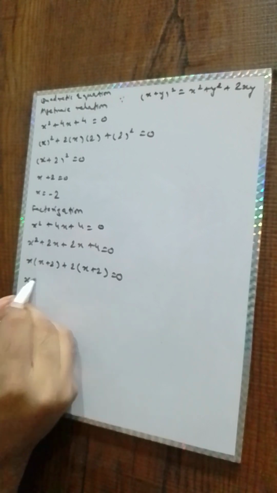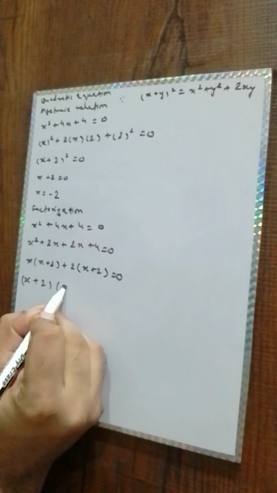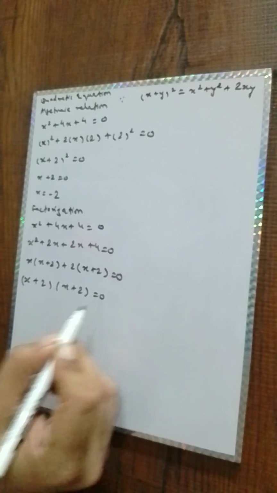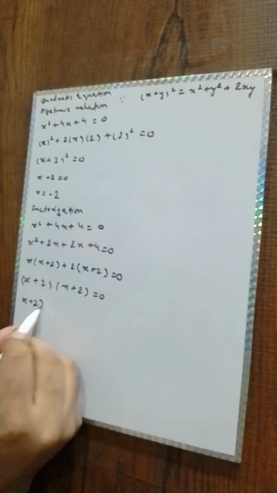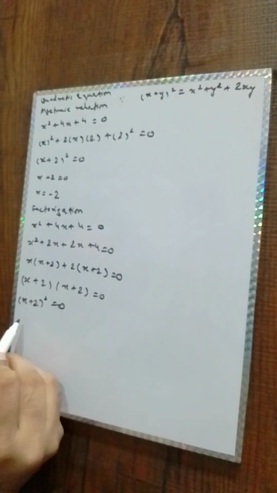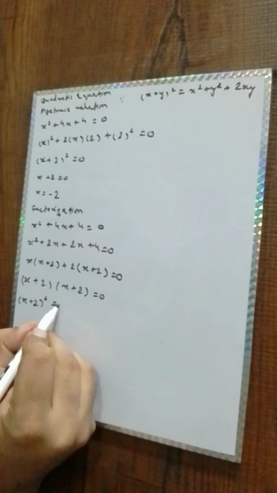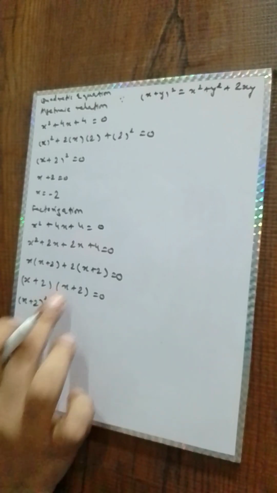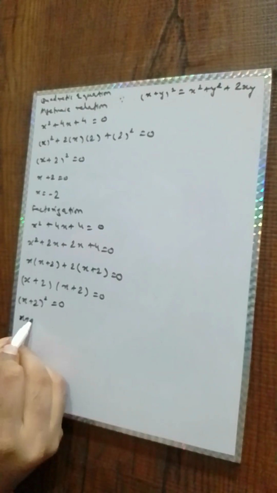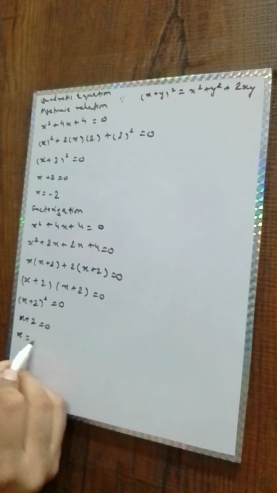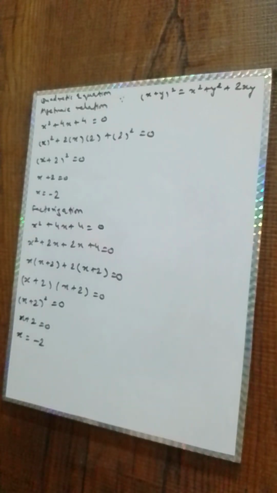So x plus 2 times x plus 2 is equal to 0, and x plus 2 whole square is equal to 0, which means x plus 2 is equal to 0. This clearly means x is equal to minus 2, which is a seemingly valid solution.